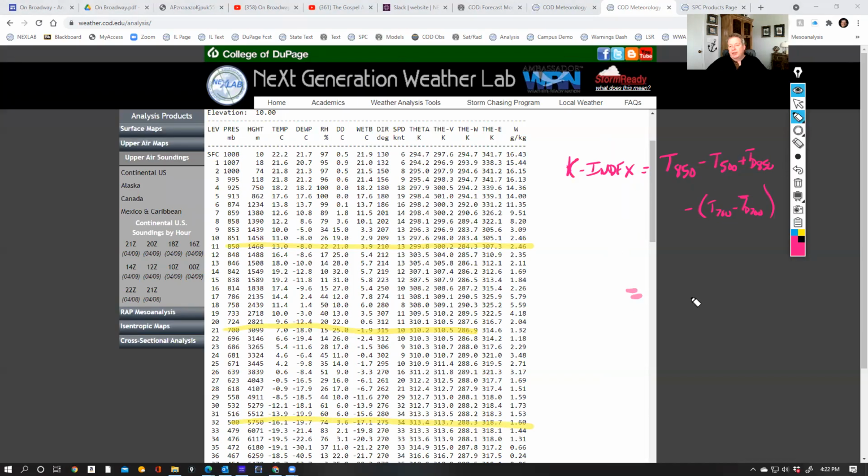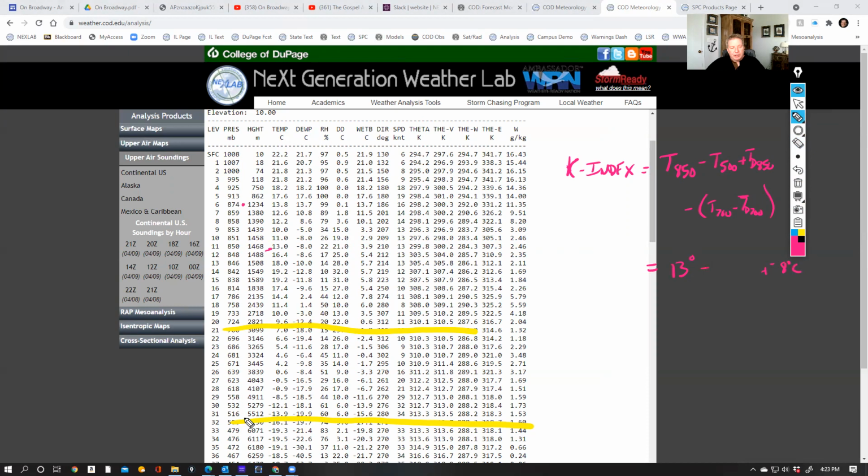I just simply put it in. Equals... oh shoot, I hate when I do that. Oh, whatever. The temperature at 850 is 13, and the dew point's minus 8. So 13 degrees plus minus 8.